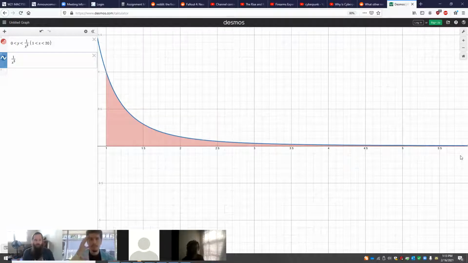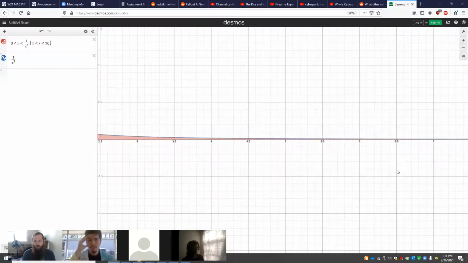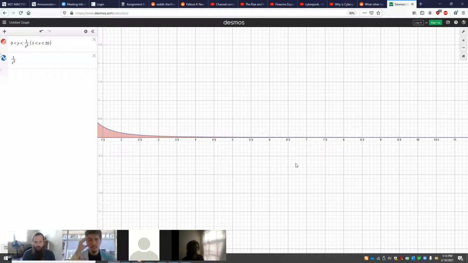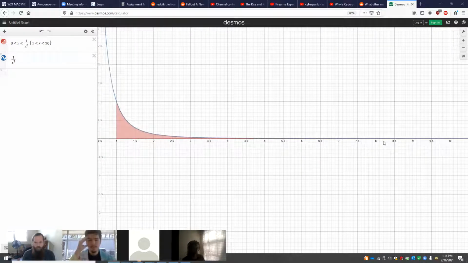Even though it's infinitely long, you can sort of roll it all up. Even though it's infinitely wide, it does go on and on forever, it's such a small amount of area out here that most of the area is right here. The height is so small that even though the width is infinite, the total area is finite.